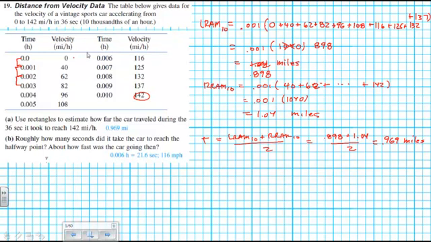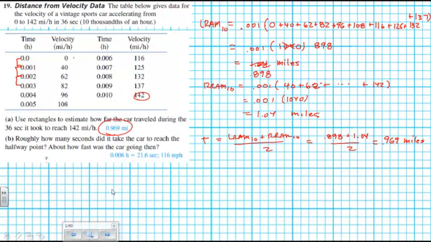And that is the value that they came up with. So they were looking at the average of the right and the left because that average includes both data points, the 0 and the 142.